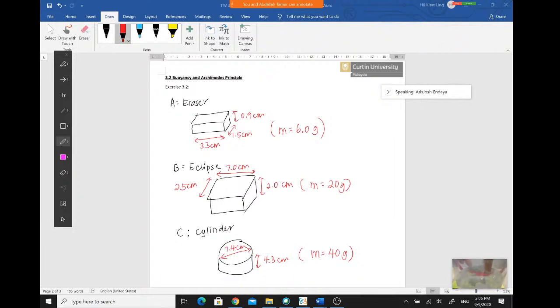So this is the surface of the water, but your eraser is down at the bottom. Okay, so the eraser cannot survive floating. Here. This is the eraser.